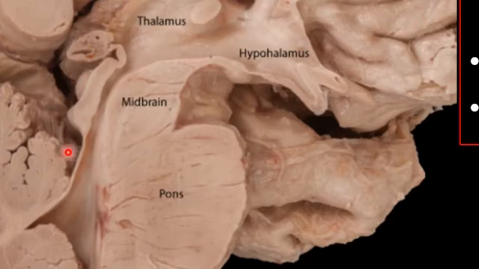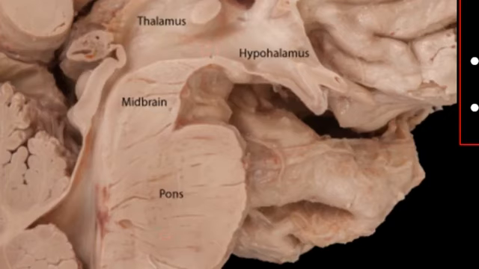And we also talked about the membrane that forms the roof of the 4th ventricle called the superior medullary velum. And clearly shown here are the 4th ventricle and the 3rd ventricle connected by the cerebral aqueduct.